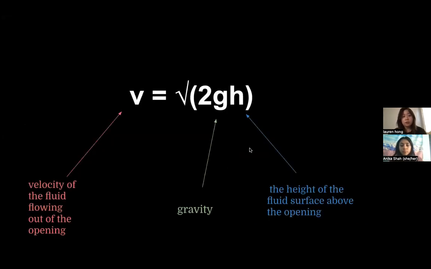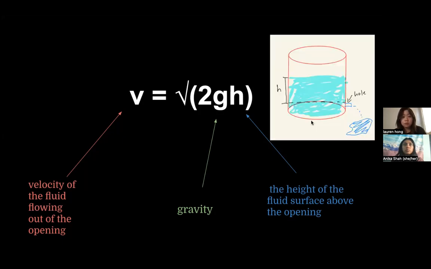All right, and here I have Torricelli's equation. It is V equals the square root of 2 times gravity times height. V is the velocity of the fluid flowing out of the opening. g is gravity, so 9.8 meters per second squared on Earth. And h is the height of the fluid surface above the opening.